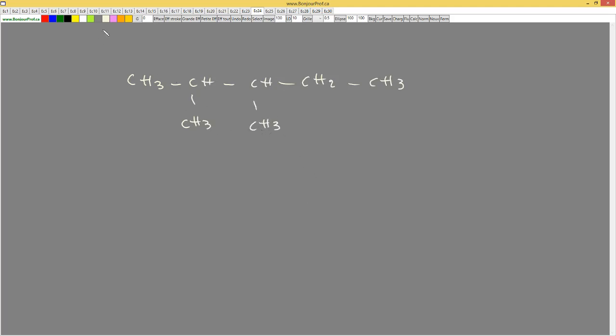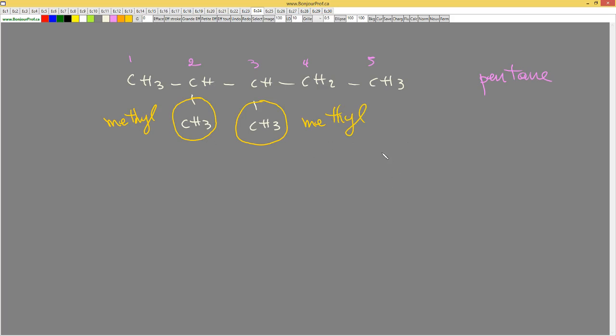Okay, so I'm going to label my molecule. I have to find the parent chain, the longest chain. It is this one here. I'm going to label it 1, 2, 3, 4, 5. So I know it will be pentane. I have one side chain here and another one here. This one is methyl, and this one is also methyl.